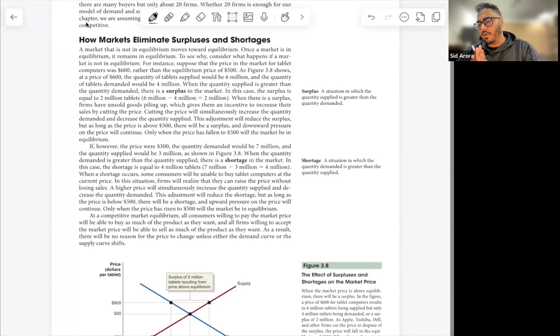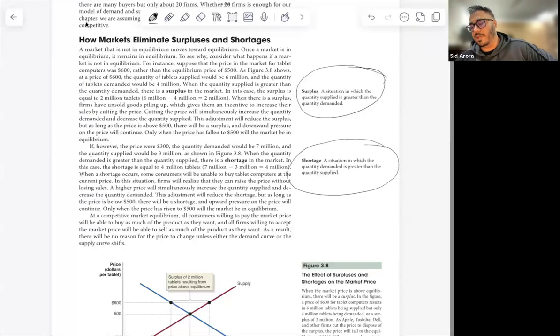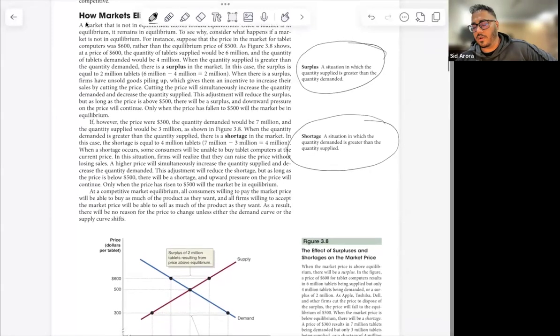So an equilibrium has to be achieved. We now will look at cases where we're not in equilibrium and then how we end up back at equilibrium. There are two market disruptions that can happen. One is a surplus and the other one is a shortage. This is important. You'll definitely see a few questions on this on your exam.